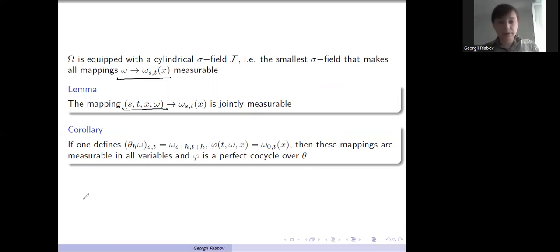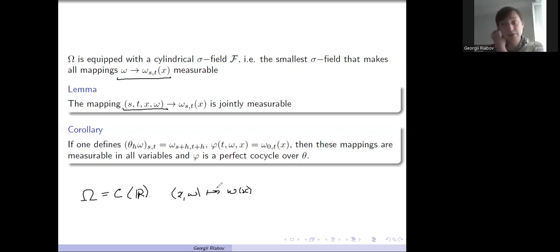In the smooth case, we had omega, the space of continuous functions. And we know that on this space, the mapping that computes the value of a continuous function at point x is jointly measurable in x and omega.